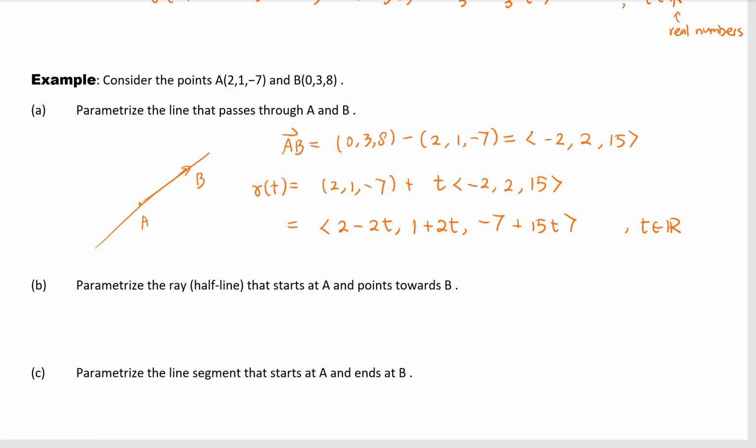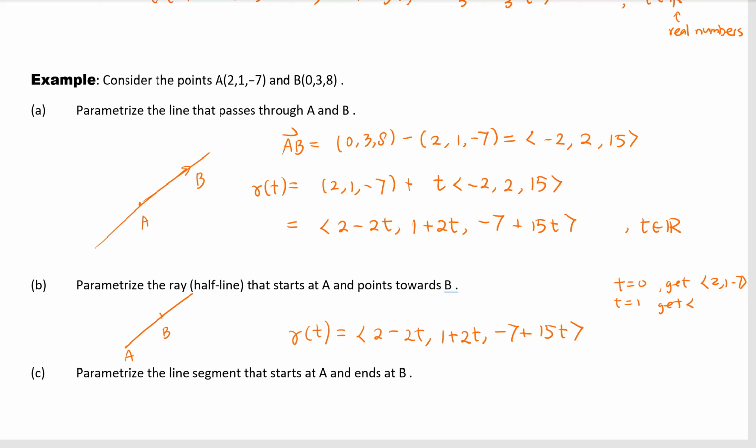Part B, parameterize the ray, the half line that starts at A and points towards B. In this case, it's the same formula for the parameterization. The difference is the t we pick. When t is 0, we plug in and get (2, 1, -7).